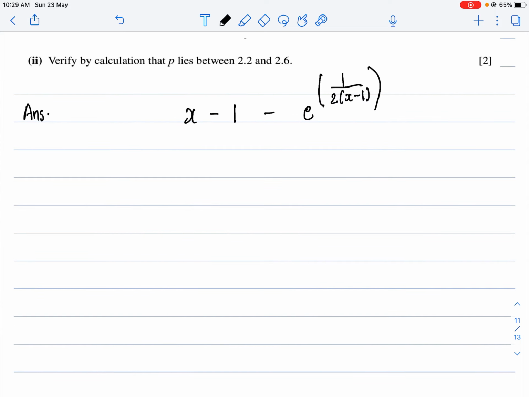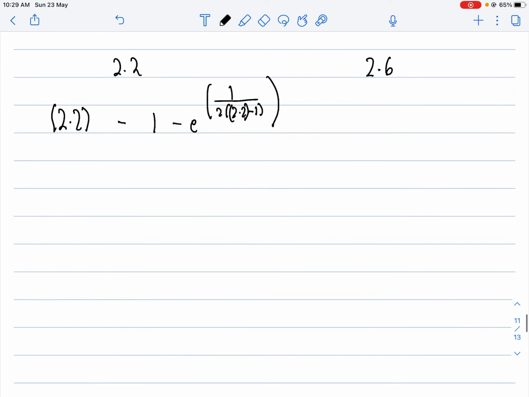Now what you can do is, you can write 2.2 here, you can write 2.6 here. And in the place of x, first put 2.2 minus 1 minus e raised to 1 over 2 into 2.2 minus 1. This 2.2 comes here. So simply now solve this on your calculator. Even I'm doing it, give me 1 second.